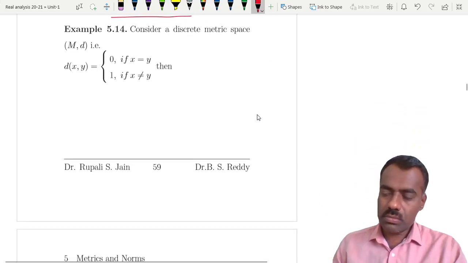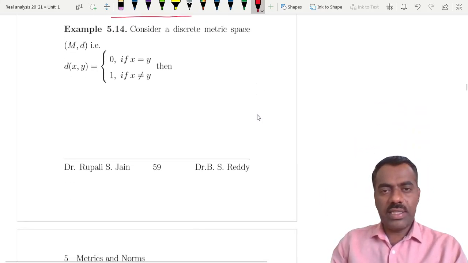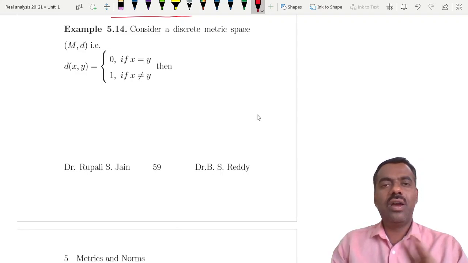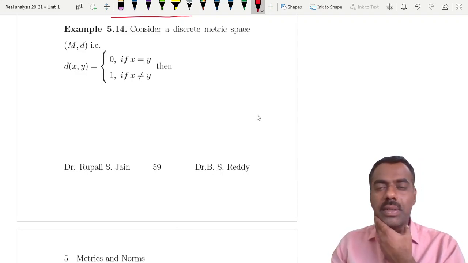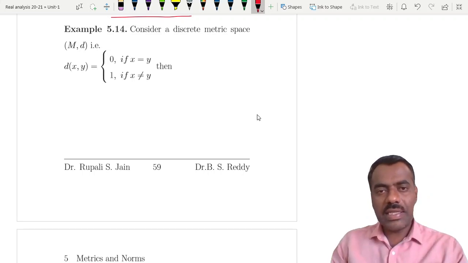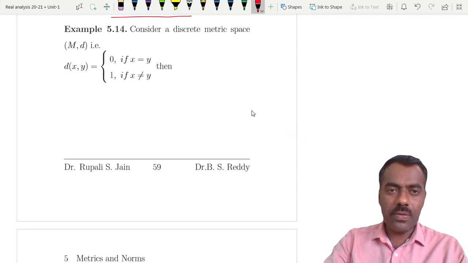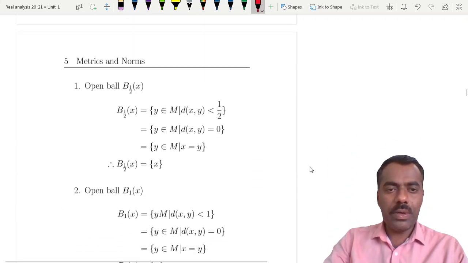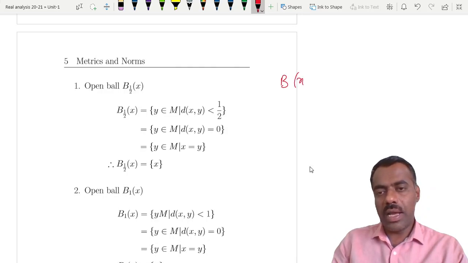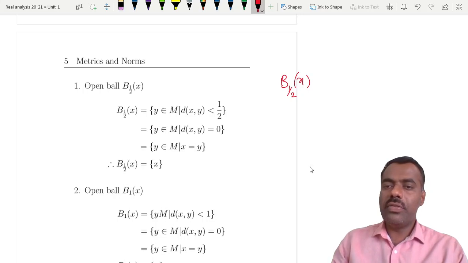And if we see the discrete metric here, open balls behave differently. So you take the discrete metric, that means 0 when they are equal and 1 if they are not equal. We want to see what the ball around x of radius half is.